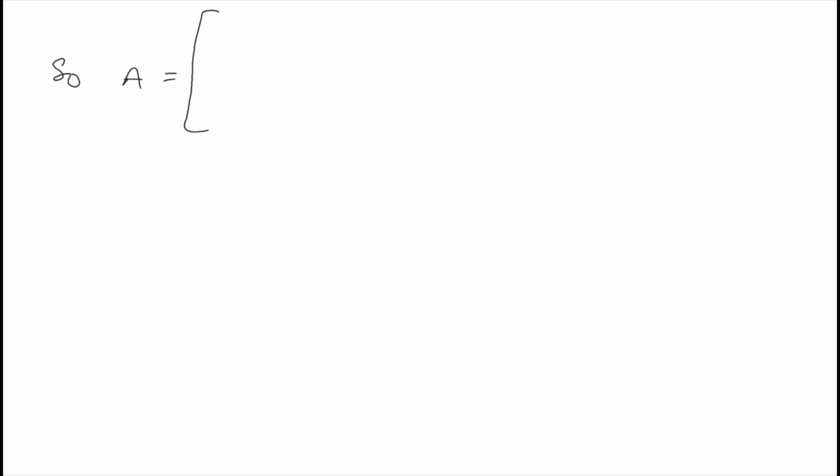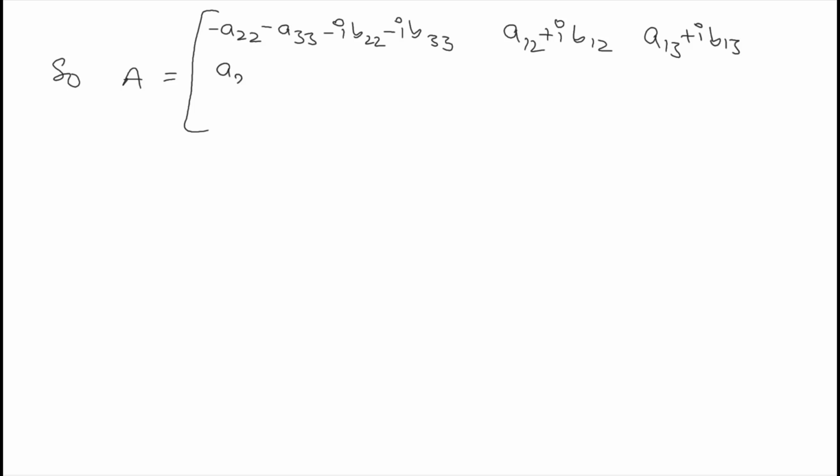So we can write the matrix A as: minus A22 minus A33 minus I times B22 minus I times B33, and the second entry as A12 plus IB12, A13 plus IB13, A21 plus IB21, A22 plus IB22, A23 plus IB23.